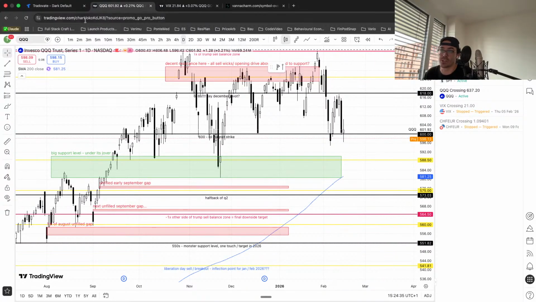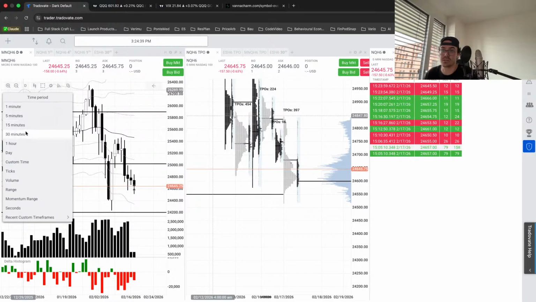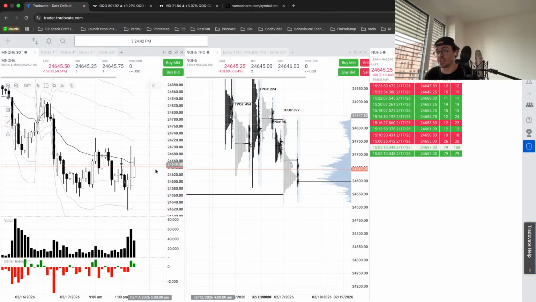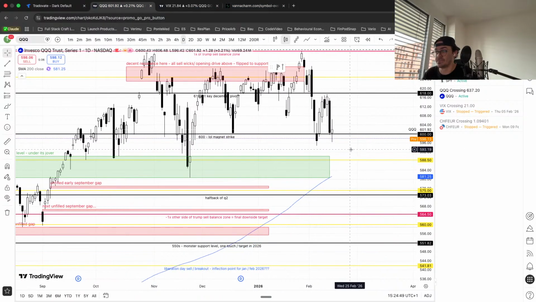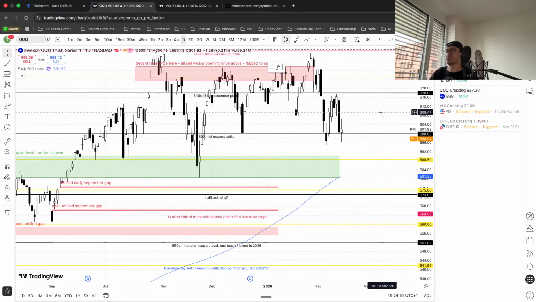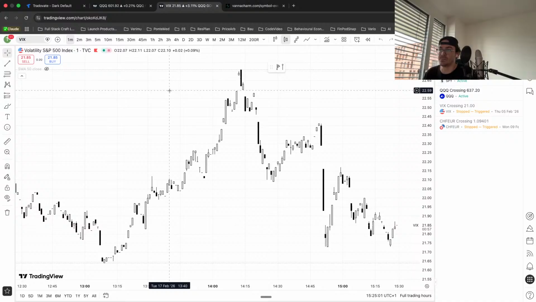A lot happens under the hood overnight on futures, but this is the most public facing view, I would say, for many folks who don't trade futures. I also have the VIX. I always keep it on the 1 minute just so I can quickly reference up here if we're bid or offered, just the trend of VIX.